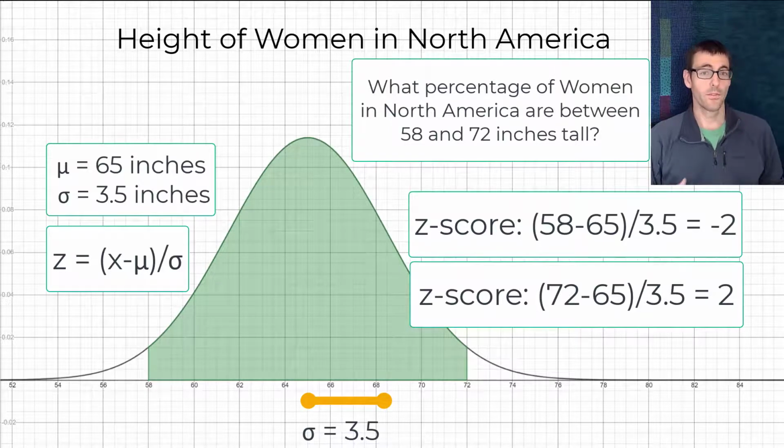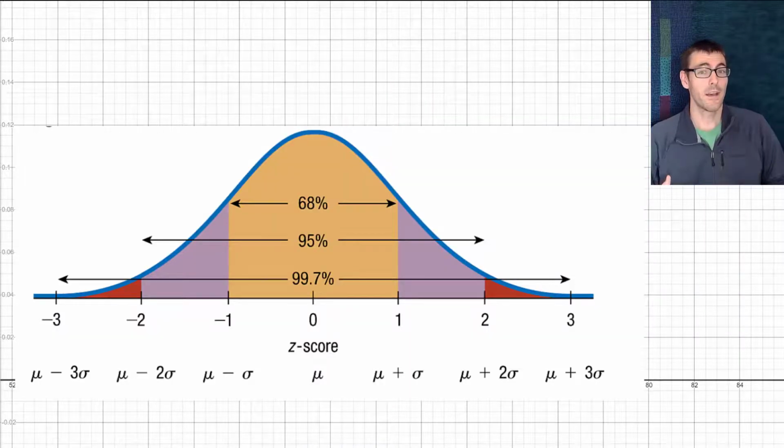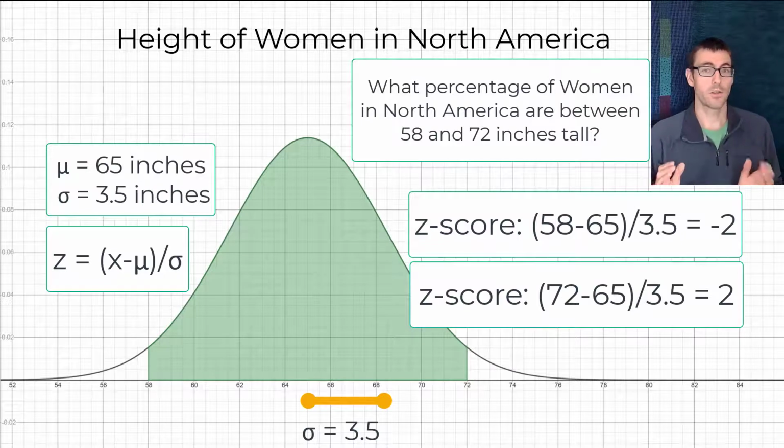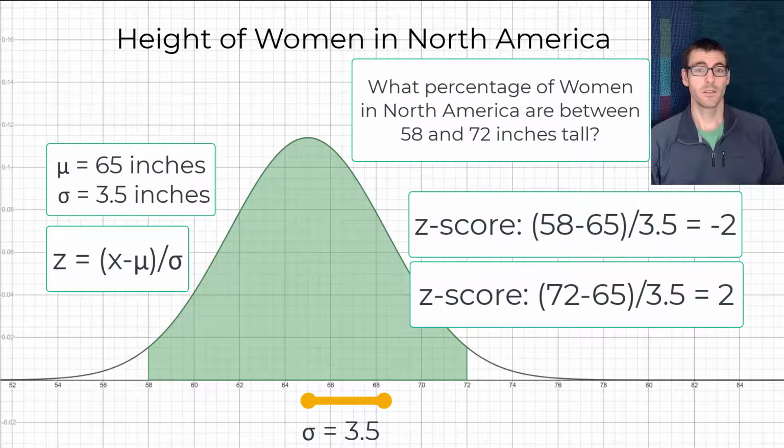A useful tool for answering that type of question is the 68, 95, 99.7 rule, which talks about exactly this. What percentage of the distribution is within 1, 2, or 3 standard deviations of the mean? As it turns out, if what we're interested in is how many people are between 58 and 72 inches tall, well, that's just going to be 95% of the population.